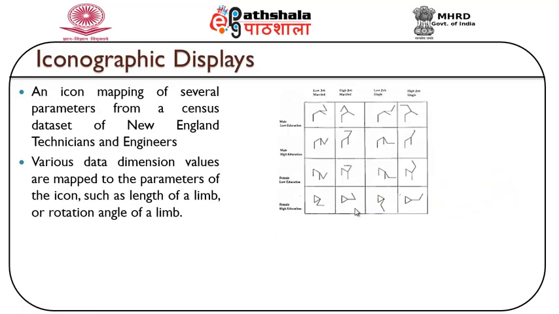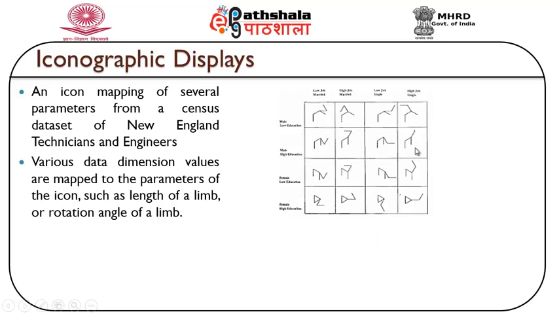The next set of visualization are the iconographic displays. If we look at this iconographic display, we can see an icon mapping of several parameters from a census dataset of New England technicians and engineers.